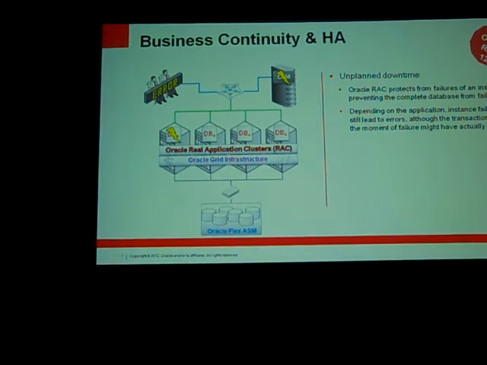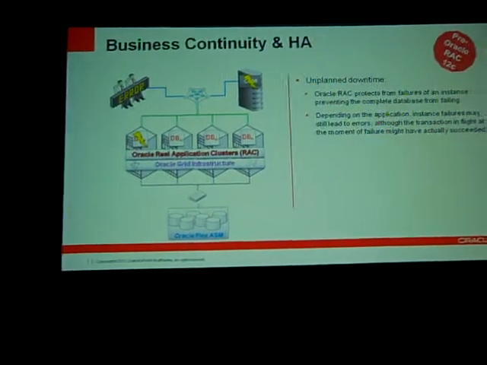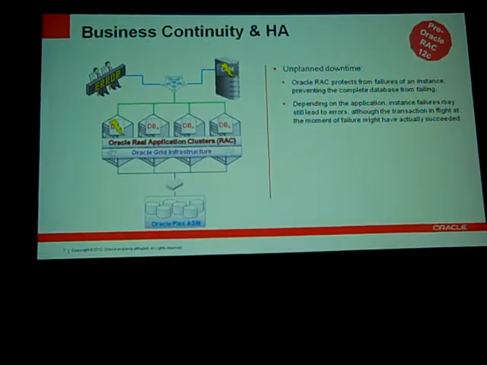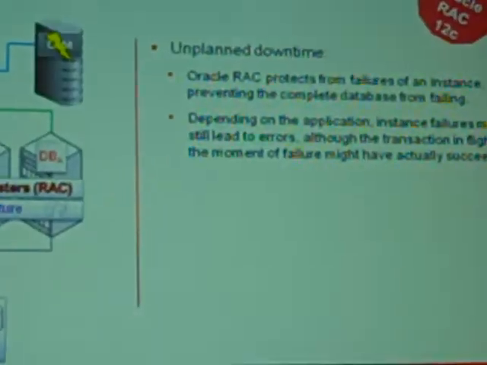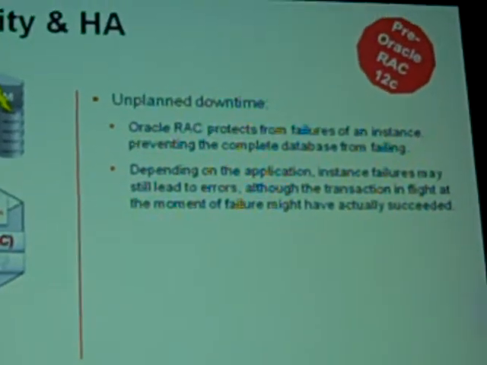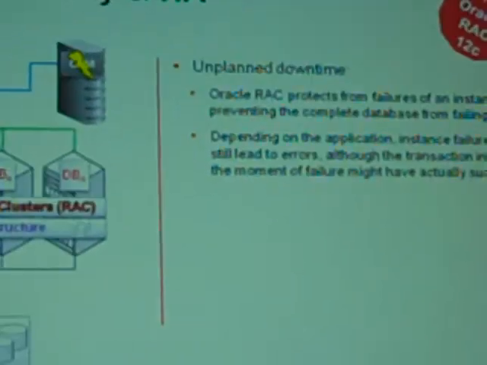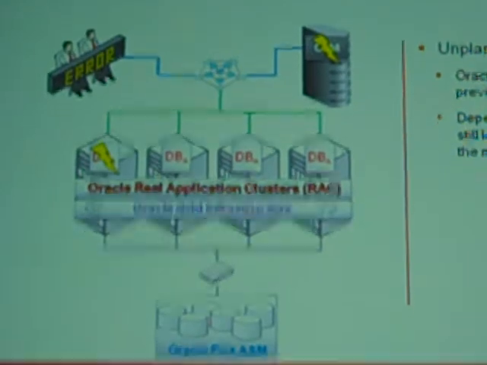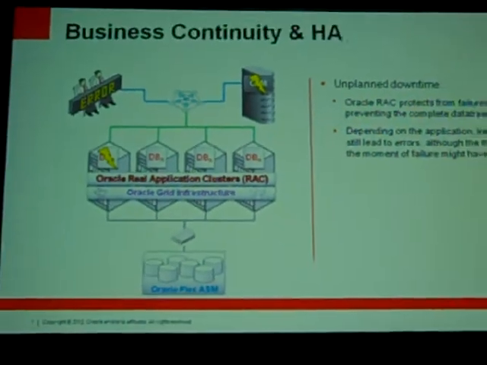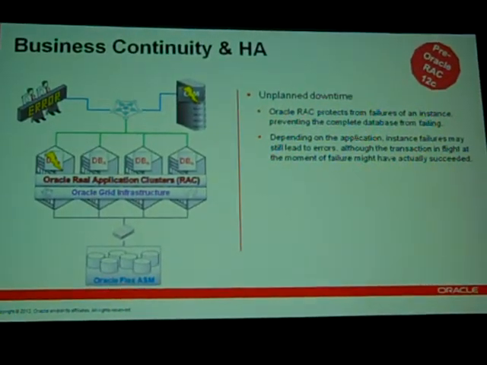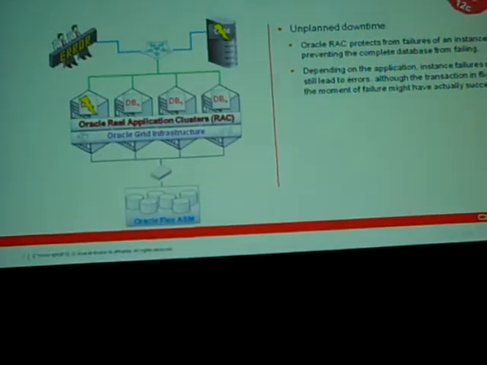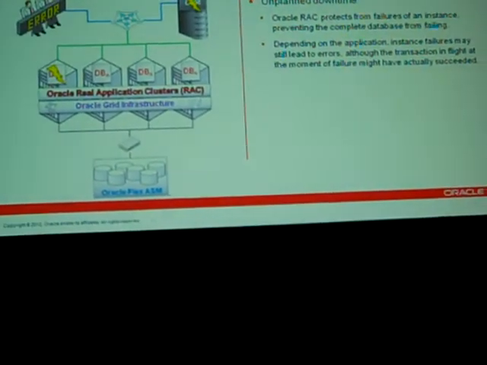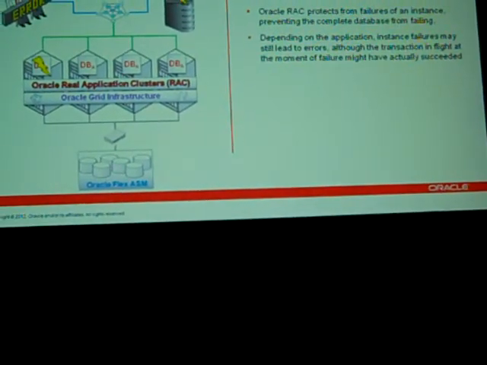However, where we could have improved was, if an instance fails, it might have been that depending on the application you used, the instance failure may have still led to errors, although the transaction in flight at the moment of failure actually succeeded. What that means is, if you had a transaction that was impacted by the instance failure, your application may still have reported an error to the user, even though the database itself was still available through other instances as shown in this picture.